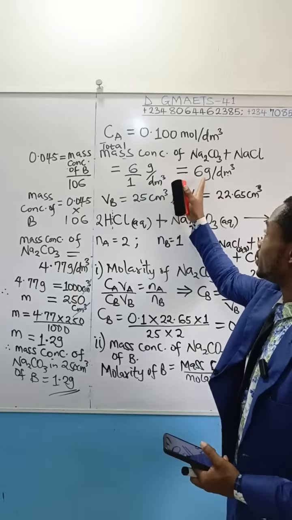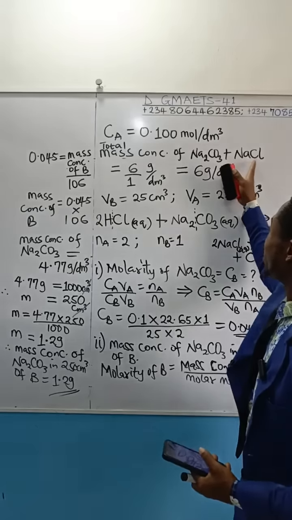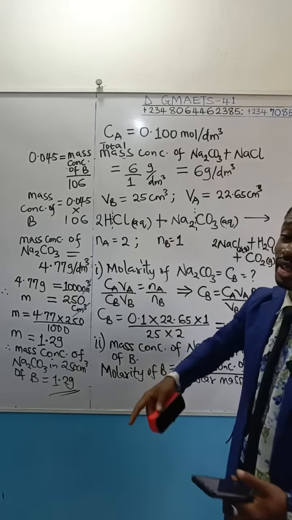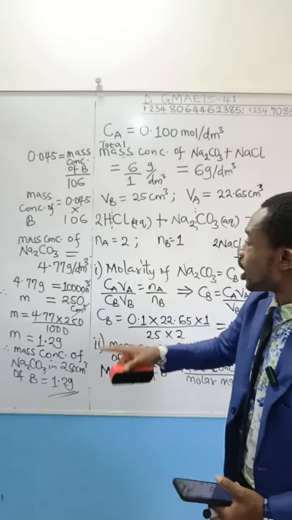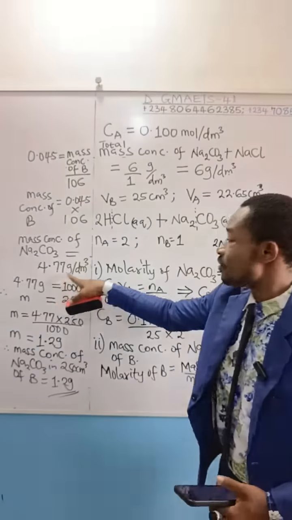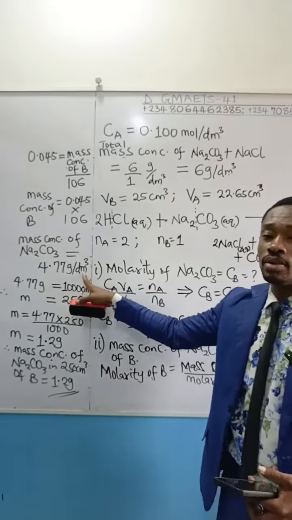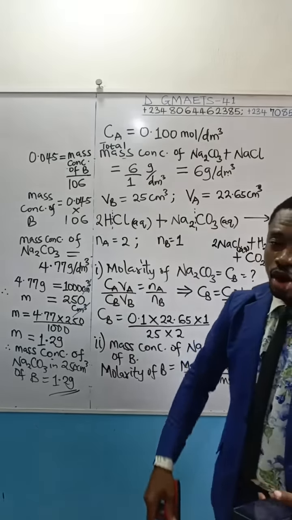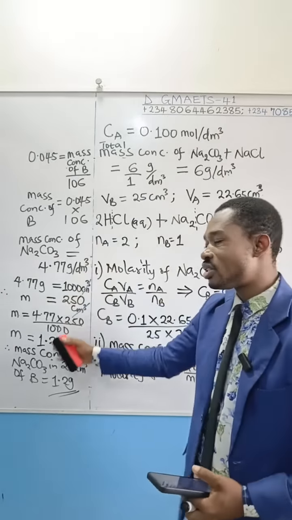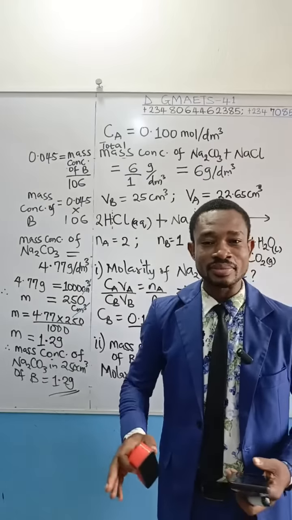So take note of this 6 grams, because for us to calculate the mass of this sodium chloride, which we will divide by this total mass, we are going to subtract this 4.77 grams per dm cube of sodium carbonate. We are going to subtract it from 6 grams. You see, this part of this question is what made this a bit messy.